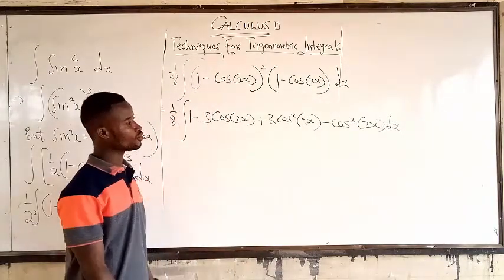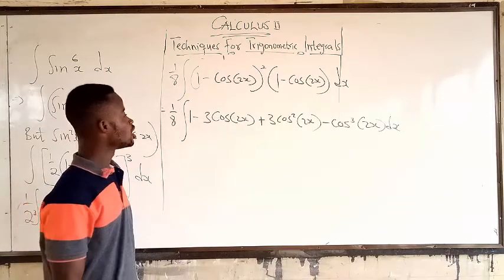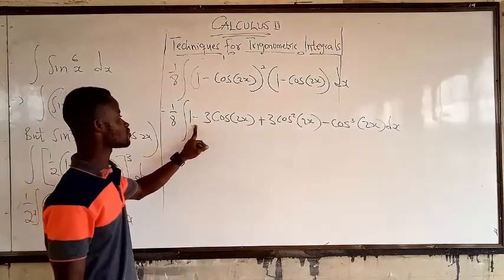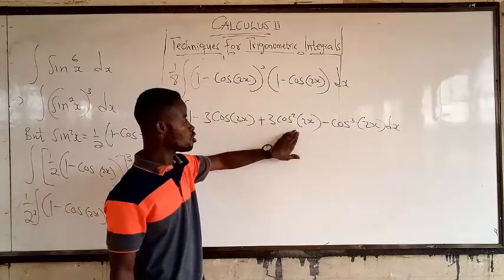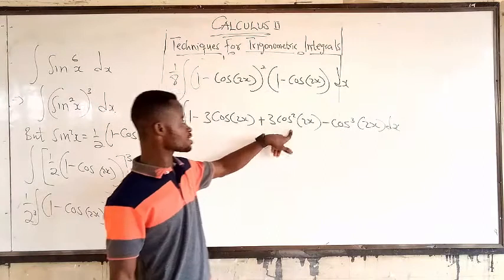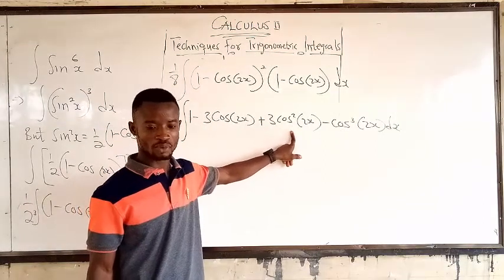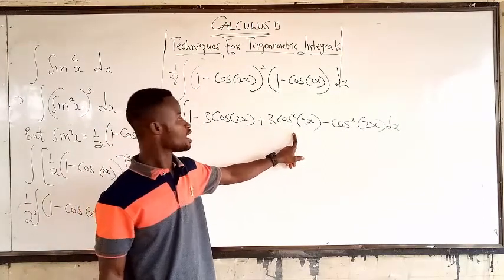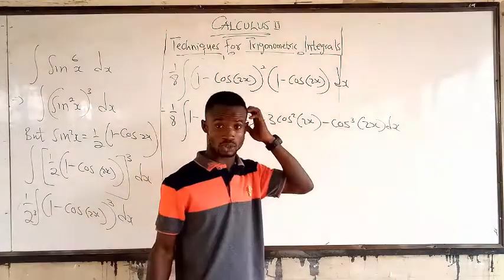So now, having this, you can see that you can integrate this, you can integrate this. With this one, you have to apply the half angle. Hope you can see that. Very good. And with this, you have to also do something to this side.